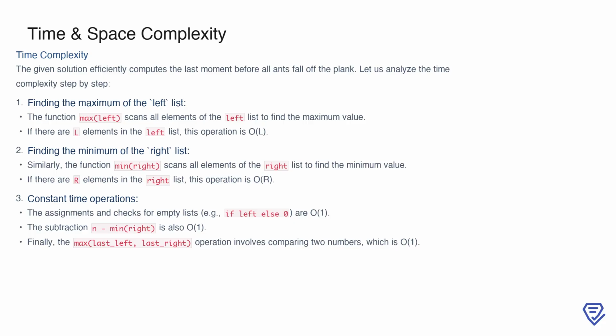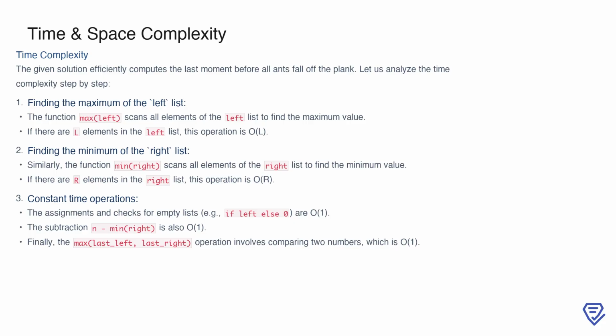To analyze the time complexity of this solution, we start by examining the key operations involved. First, we need to find the maximum value in the left list, which represents the farthest distance a left-moving ant must travel to fall off the plank. This is achieved using the max function, which scans all elements of the left list. If the list contains L elements, this operation takes O(L) time.